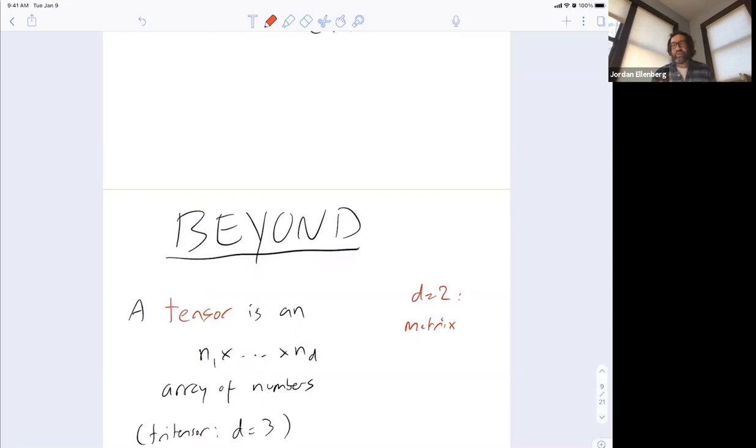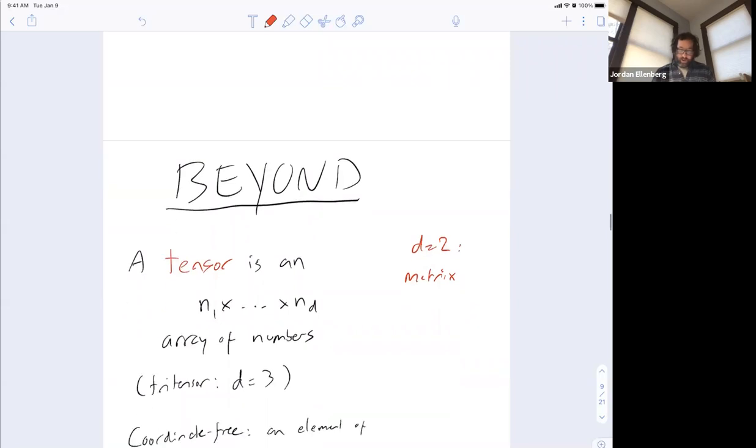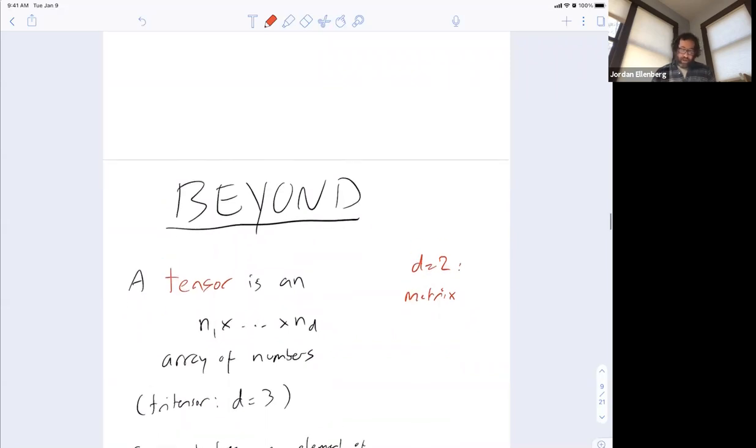I don't know if 3 is that much easier than 4 or 5, but it's easier to give examples for 3. So I'm going to focus on that case, but what I say should be thought of as for arbitrary large d. Okay, so a tri-tensor would be a rectangular parallelepiped, a rectangular solid of numbers.